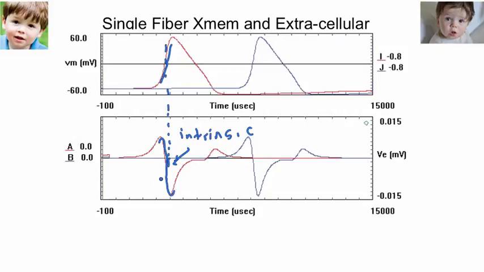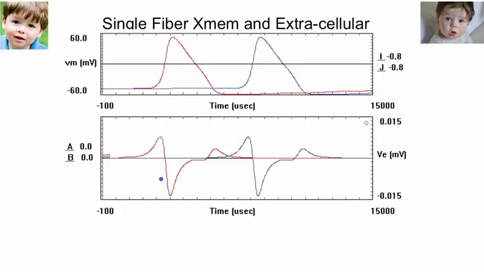These timing correspondences can be very useful in mapping out the sequence of events happening in the tissue underneath the extracellular electrode without ever having to penetrate the tissue to get a transmembrane potential recording.